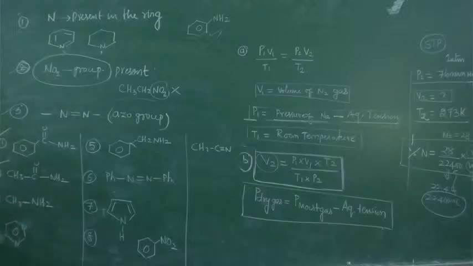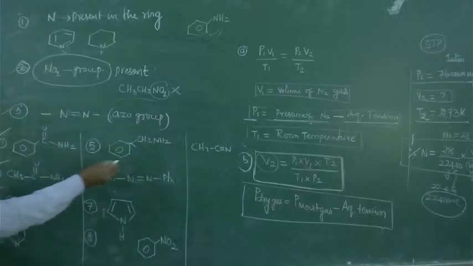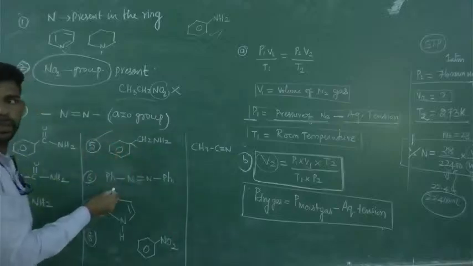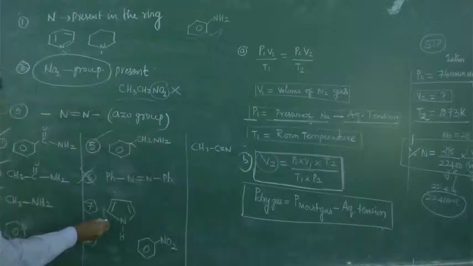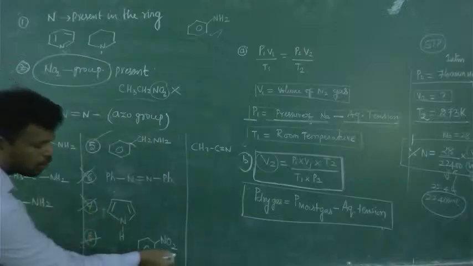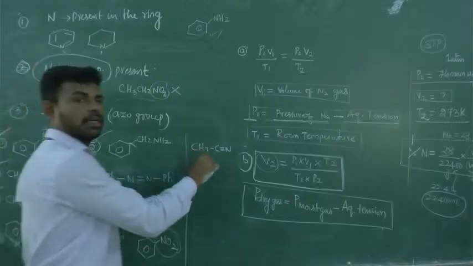Say yes or no. Why no? What about the third one? Yes. Fourth one? No. What about this one? Yes. What about this one? No. What about this one? No. What about this one? Yes.